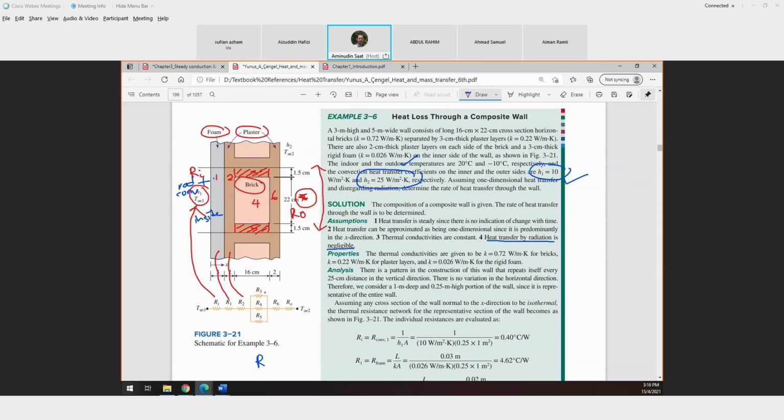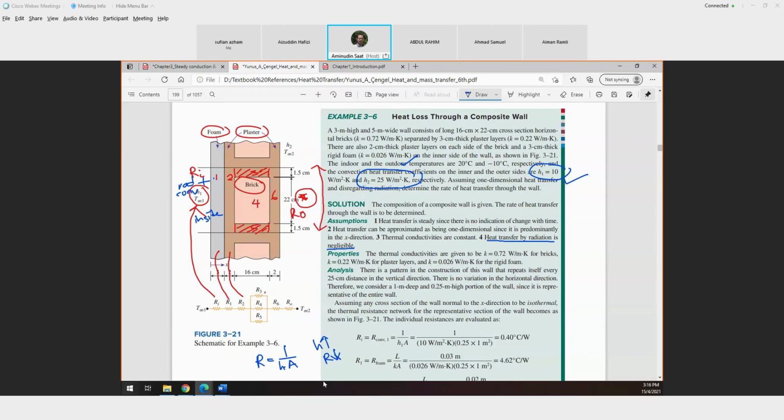Because you have to understand that the resistance calculation is 1 over hA. So if this h is increased, the value of resistance will be small. As h is increased, the R value will be small, correct?